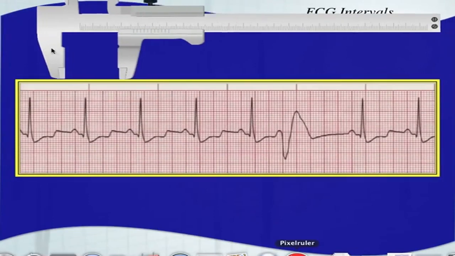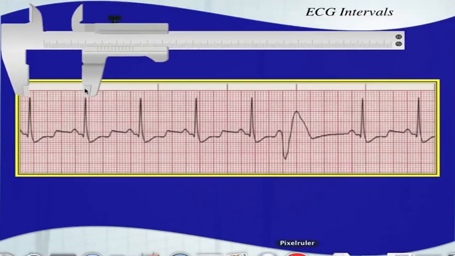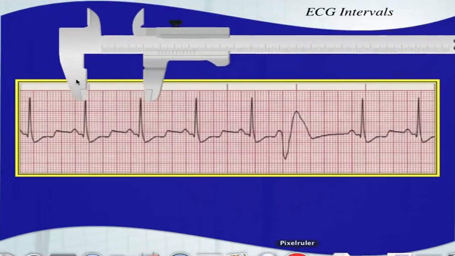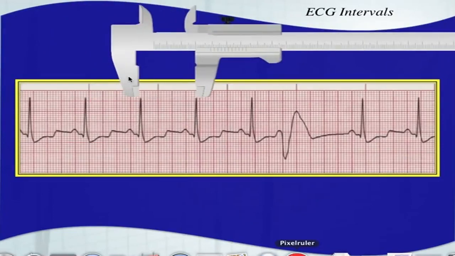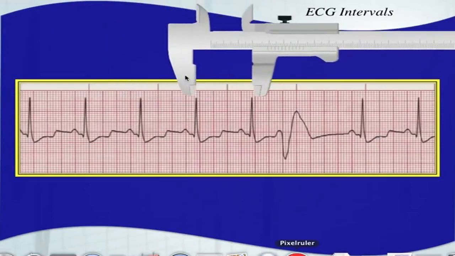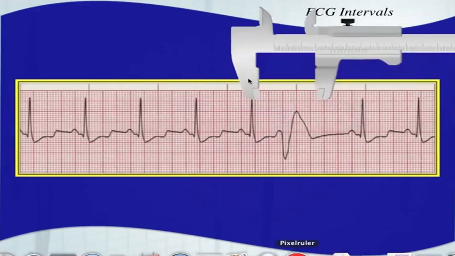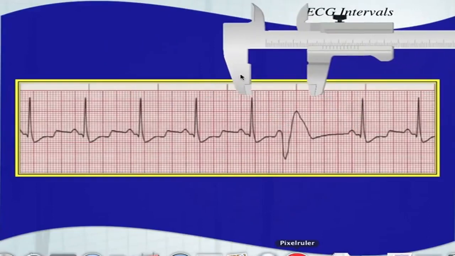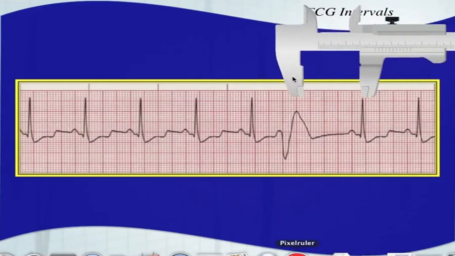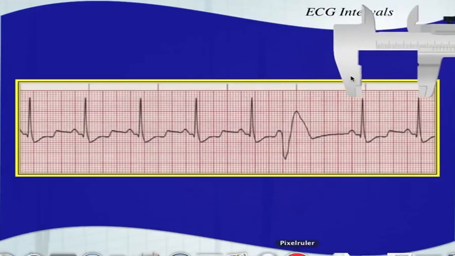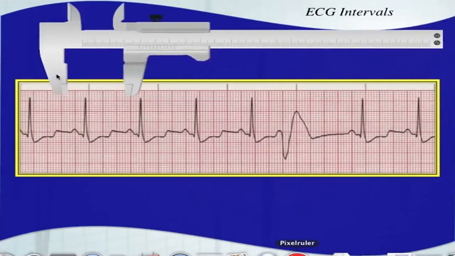All right, let's match these up here. That looks about the same. So that's regularly regular. And then we have an extra beat that looks a little odd there. So we don't have our QRS complex occur. But the rhythm itself is pretty regular.